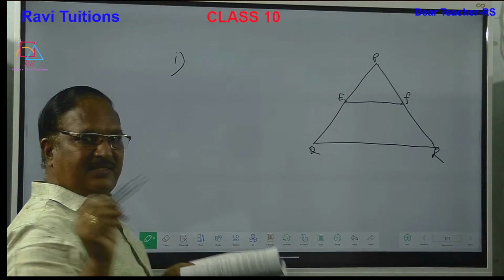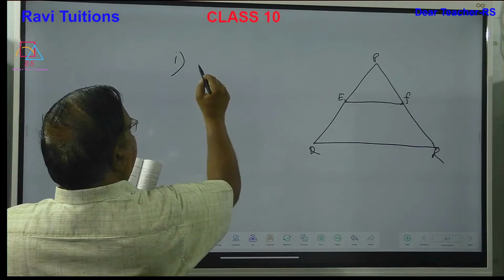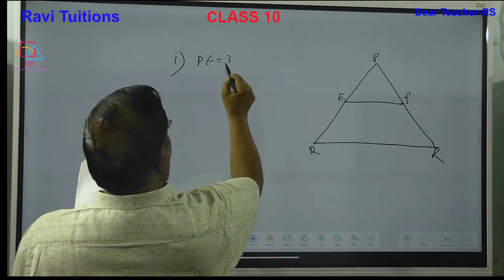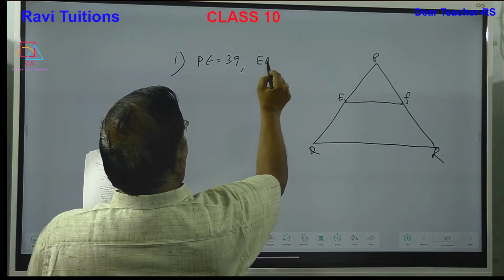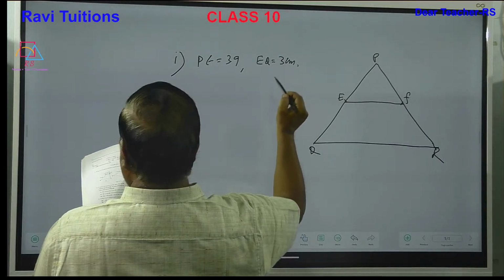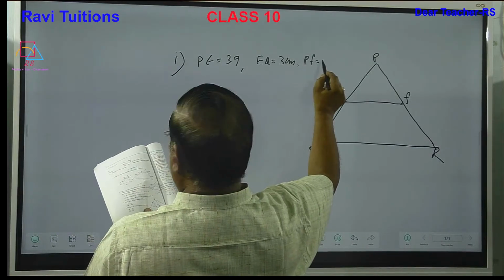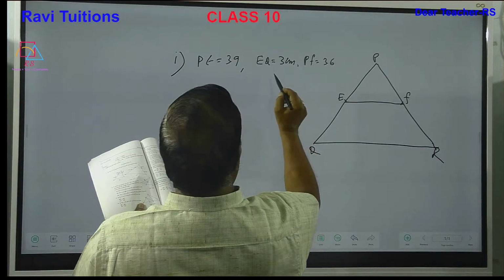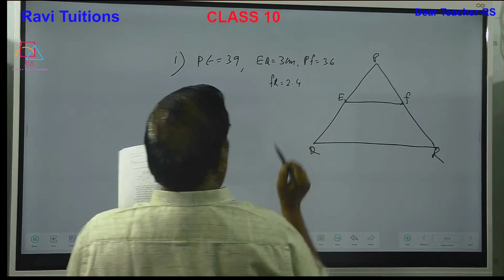I will just do the first bit, the remaining 2 bits you can do. PE is equal to 3.9 centimeters, and EQ is equal to 3 centimeters, and PF is equal to 3.6 centimeters, and FR is equal to 2.4 centimeters.